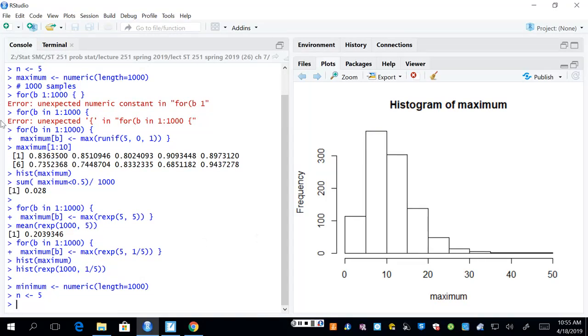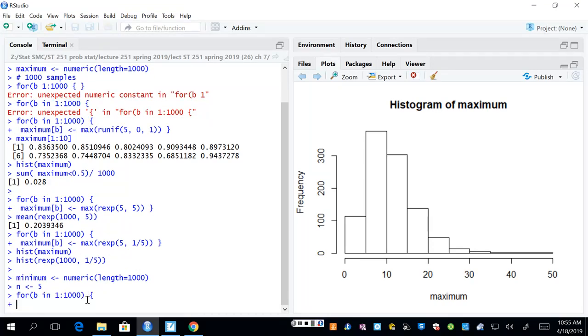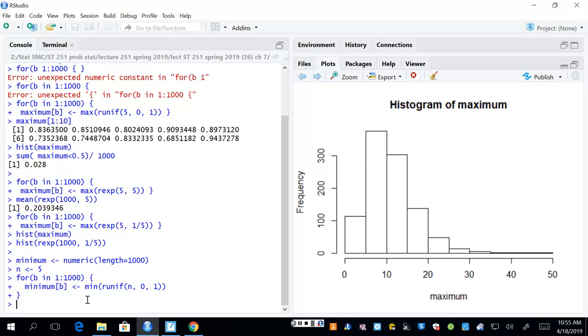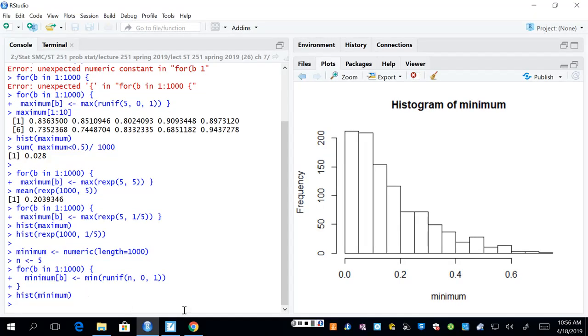We're going to do a loop, do it 1,000 times, and say the minimum value is going to be the minimum of a random uniform sample of size n between 0 and 1. So for each run through that, it generates 5 values, takes the minimum of it. If we do the histogram of those minimum values, it looks like this.